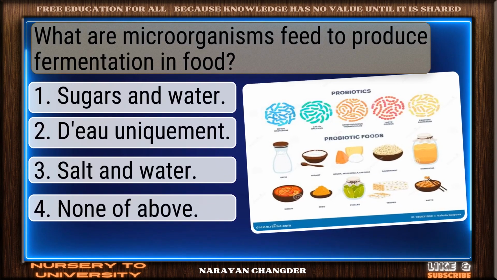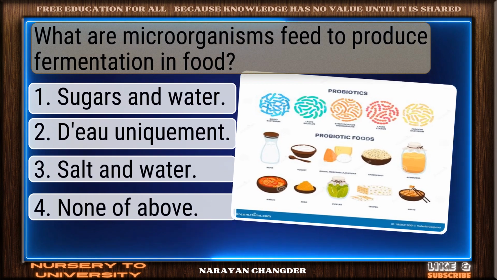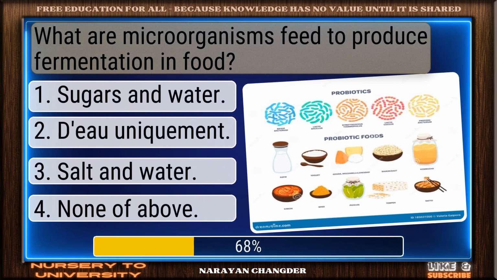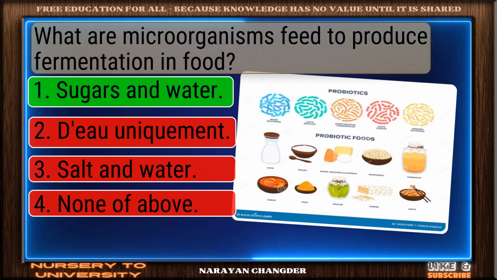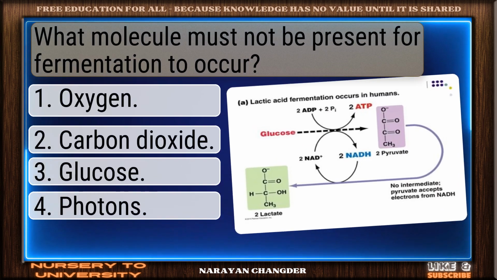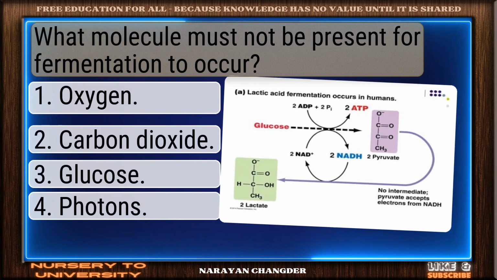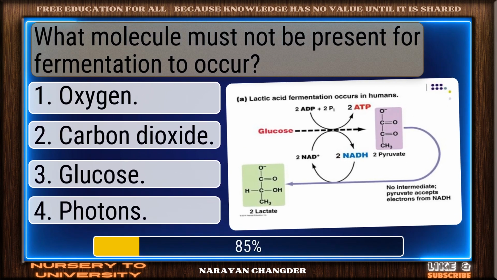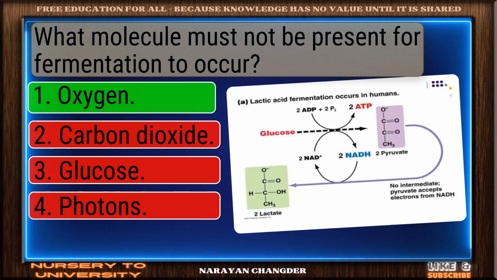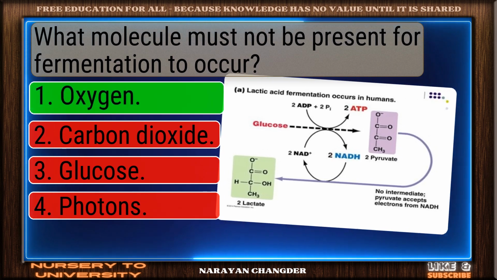What do microorganisms feed on to produce fermentation in food? Excellent. Sugars and water is a brilliant choice. What molecule must not be present for fermentation to occur? Smart move. Oxygen is an accurate answer.